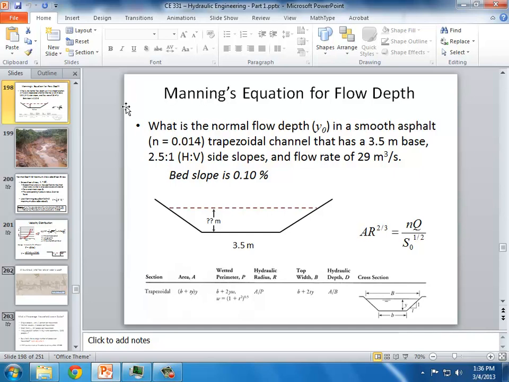What I'll do is show you a little demonstration on writing Manning's equation in terms of variables rather than specific numbers, because it can be convenient to have it written in terms of variables if you want to solve it later on.